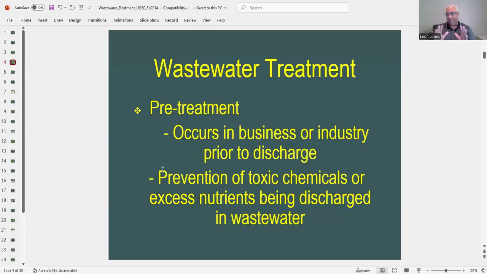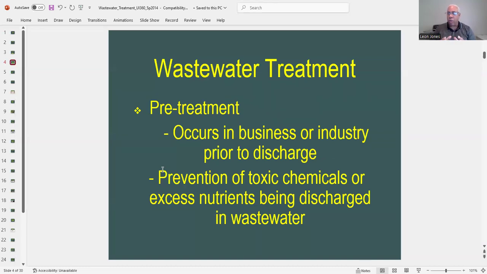Now, when we talk about pre-treatment, it occurs in business or industry prior to discharge. And then we have prevention, because when we deal with water treatment, we also have a lot of toxic materials.